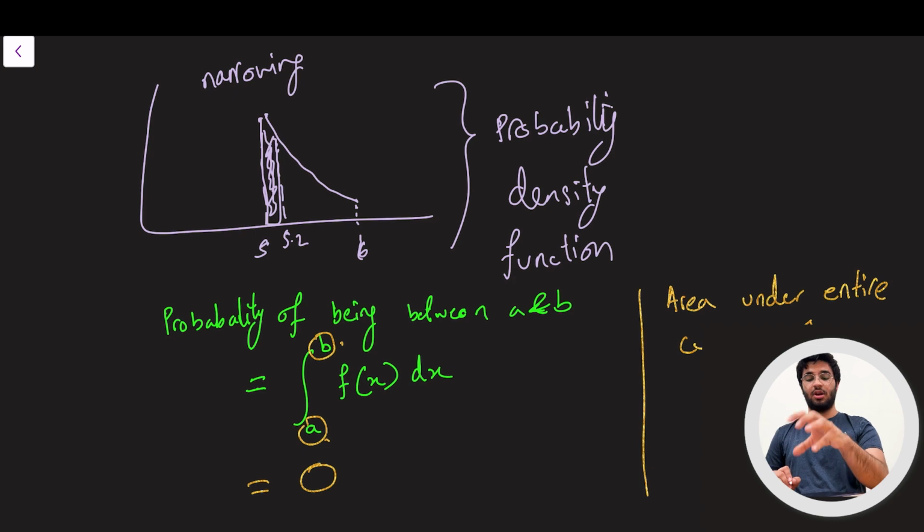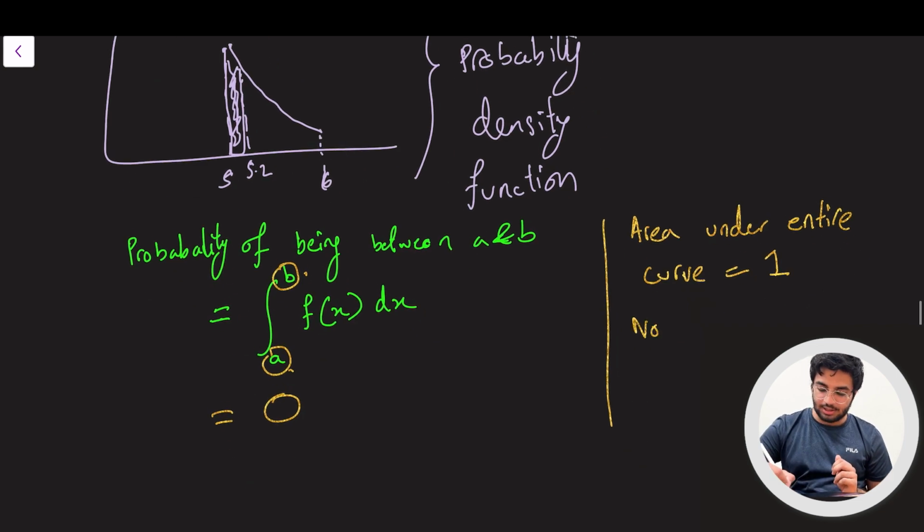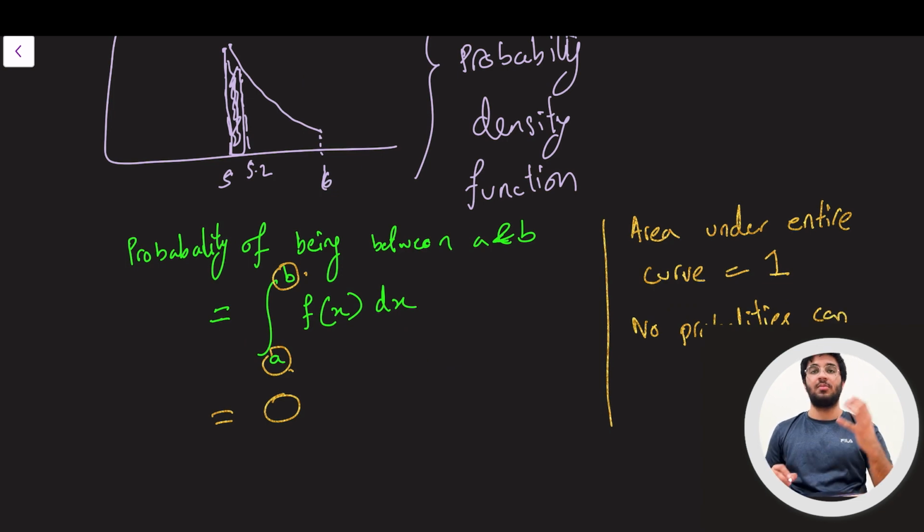That is another important part about probability distribution functions. And similar to before, the probabilities have to be between 0 and 1, okay?